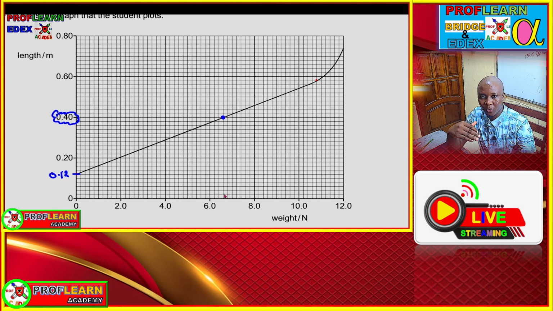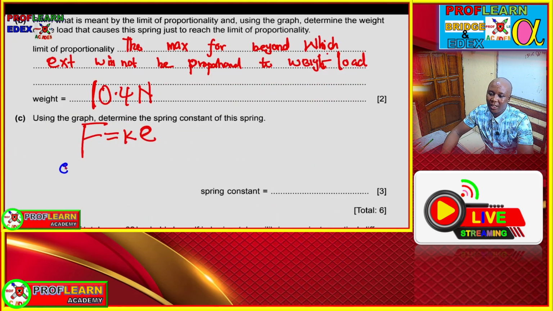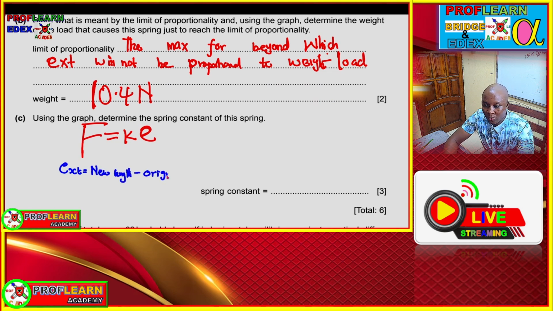When there was no force, the length of the spring was 0.12, but when a given force, that is 6.6 newtons, was added, the length became 0.40. Then how are we going to work out the spring constant? We are going to make extension the subject of the formula, and first find the extension.